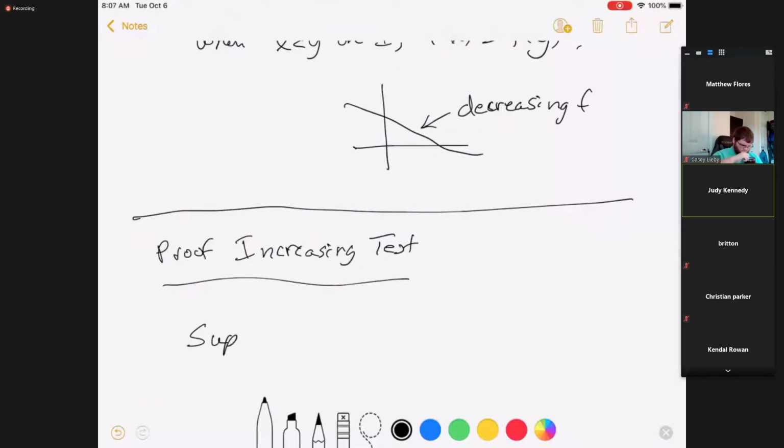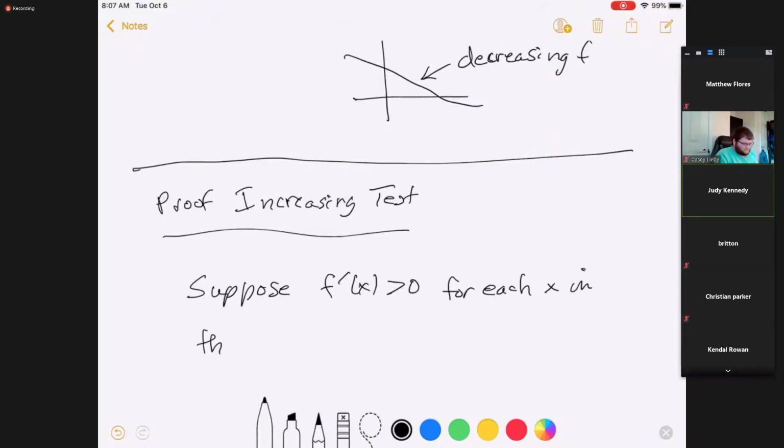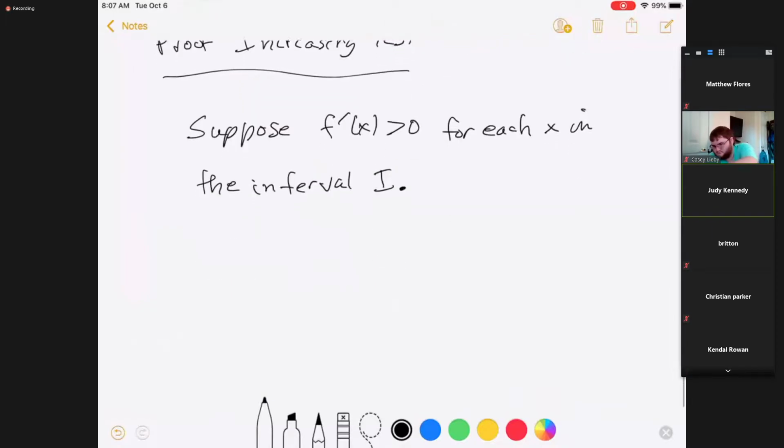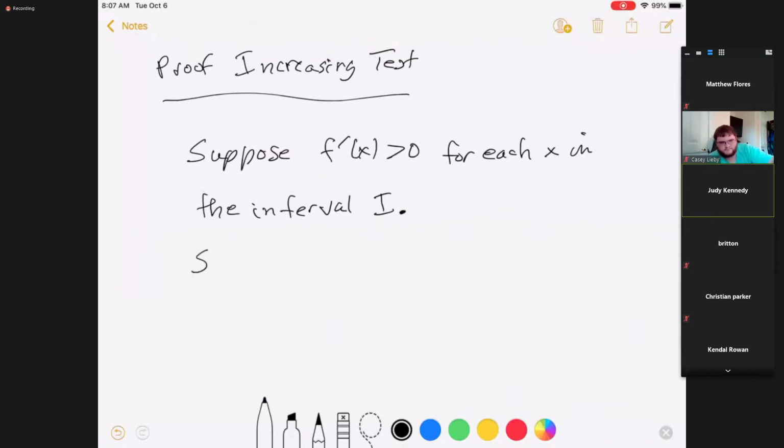Suppose f prime of x is greater than 0 on the interval I, which means for each x in the interval I. Okay, then suppose I just pick two numbers in the interval, x1 and x2, and I may as well call the smaller one x1.